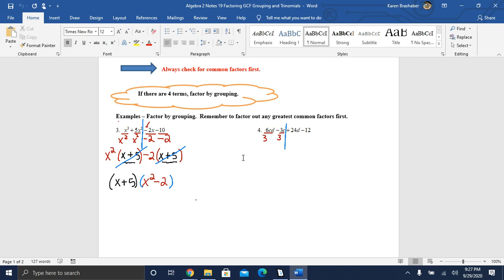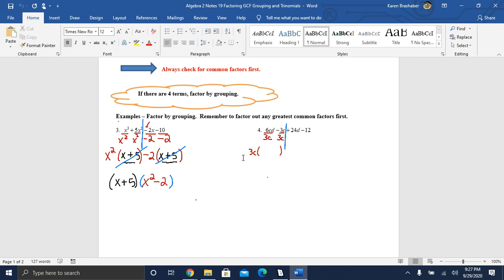And once again, yes, they can. Now, can they both divide by D? No, they cannot. My second term does not have a D in it, so I would not be able to divide by a D. Okay, so I'll write my 3C, start a parentheses, and inside the parentheses, do my dividing.